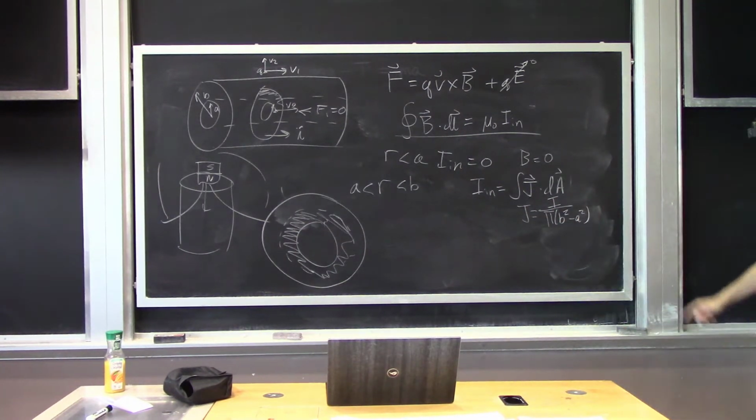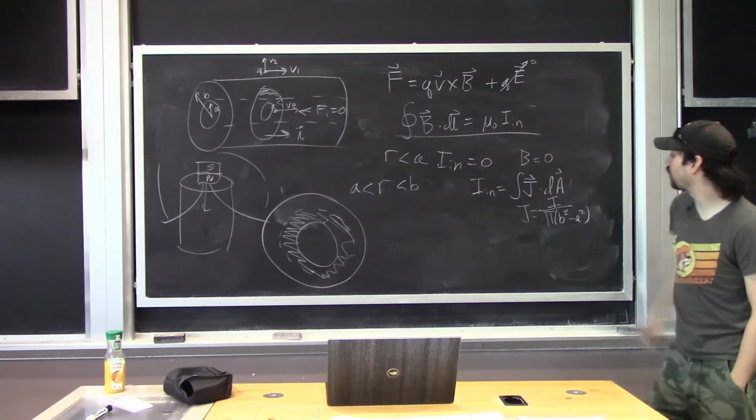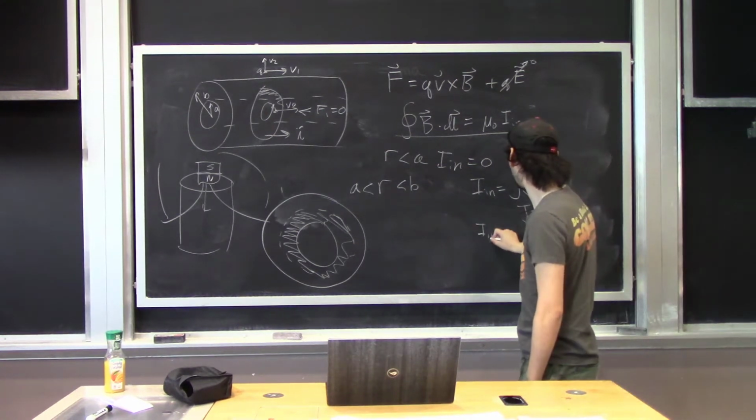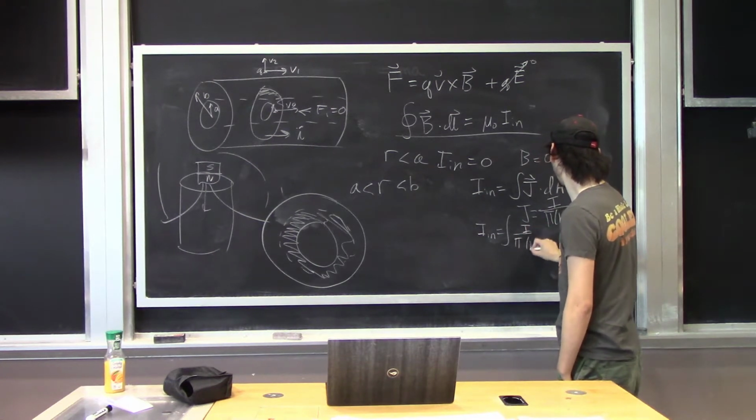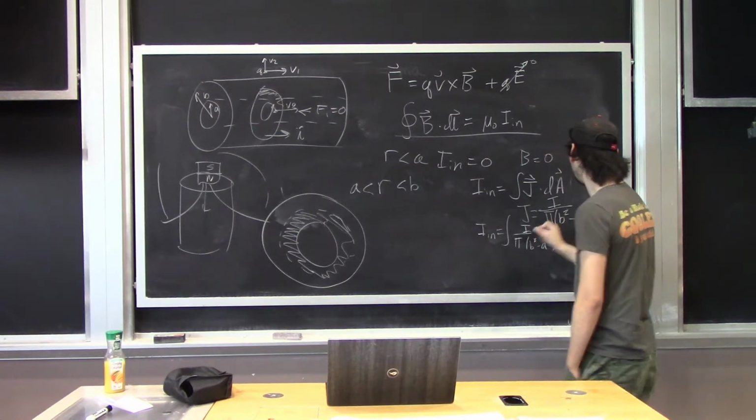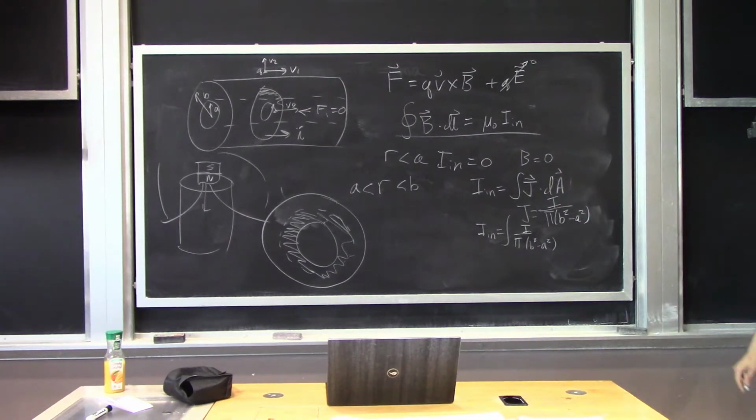Okay. Now that we have J, we can plug it in here, and what we see is I_in is going to be equal to the integral of I divided by pi (b squared minus a squared) dA. What kind of dA do we have here?